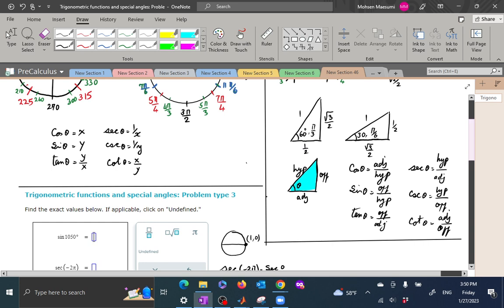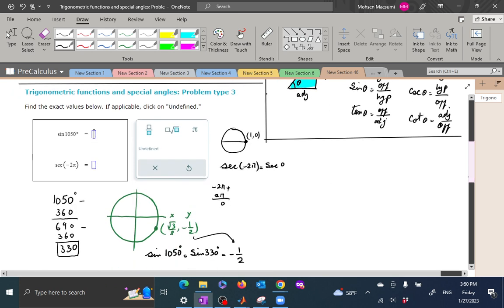Is that right? Secant is 1 over x, my x is 1, so that just becomes 1. Okay, so this one became minus 1/2 and this one became 1.